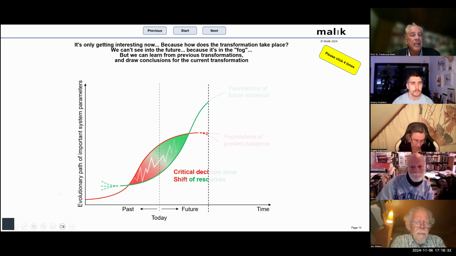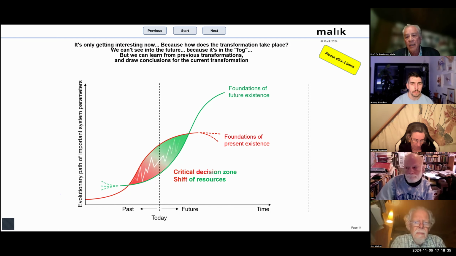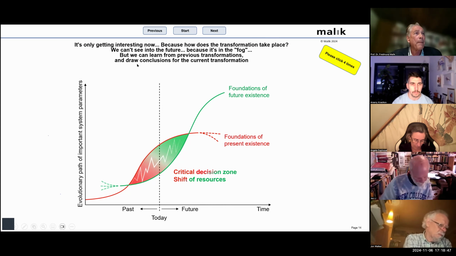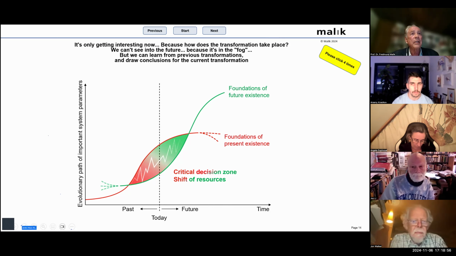But then it makes it up and we see the full picture. It's only getting interesting now because how does the transformation take place? We cannot see into the future because it's in the fog. But we can learn from previous transformations, historical ones, and draw conclusions for the current transformation.